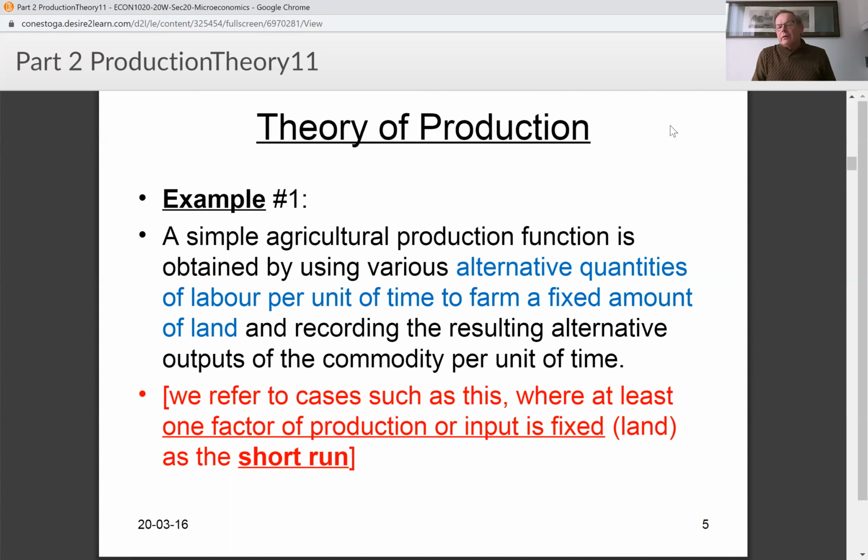In our example, land is fixed. The farmer has a certain number of acres. That is fixed, that cannot be changed. And as soon as you have one fixed factor of production, we are in the short run. That is extremely important to realize.